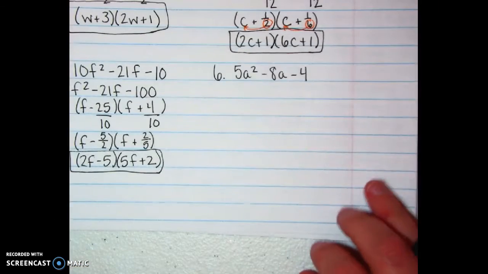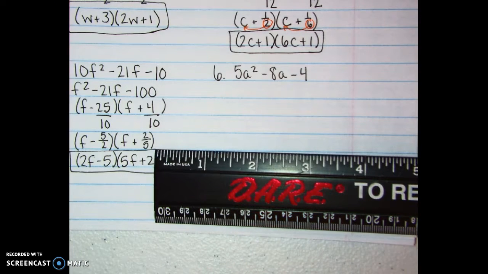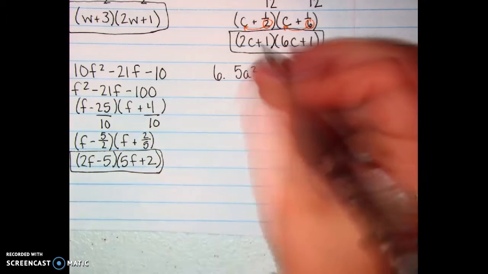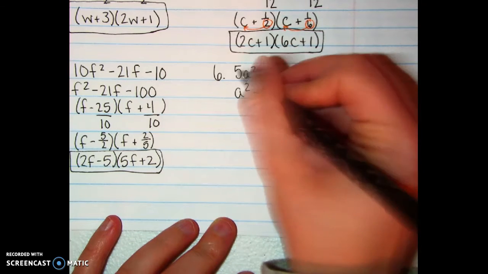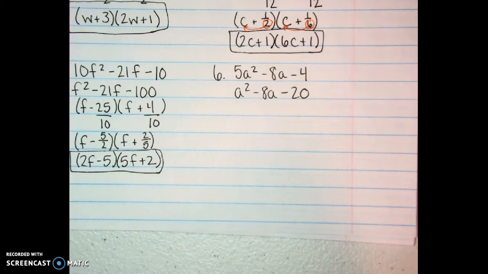So go ahead and pause this and try it on your own. I'll put this up. Okay, let's try it. 5 times negative 4 is negative 20.